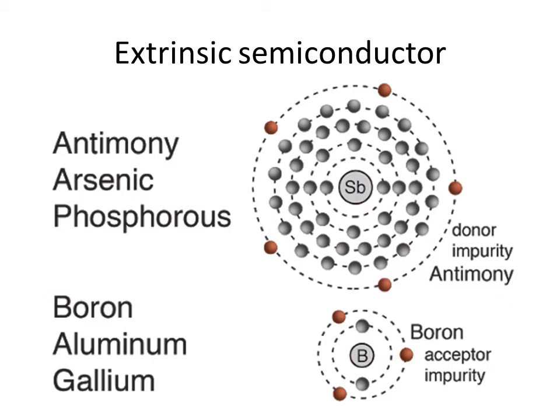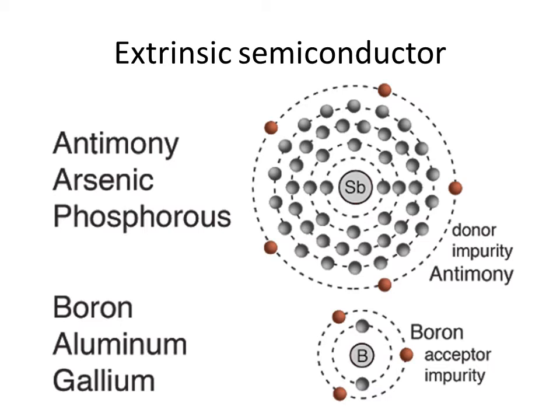Now that is about the pure semiconductor, and pure semiconductors are not used as such in electronics. You have to make them impure by doping them with proper impurity atoms, so that they have enhanced conductivity.